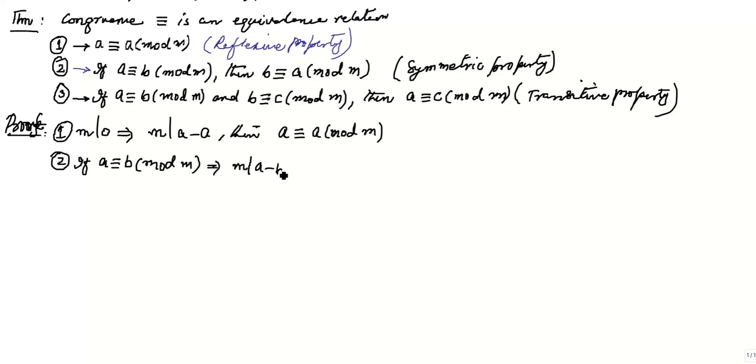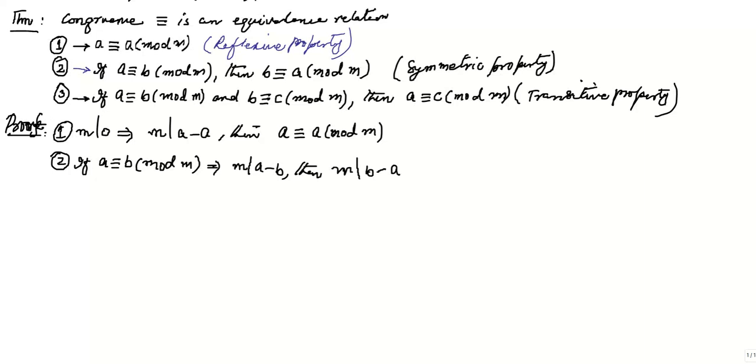So, A minus B is an integer and M divides that integer. So, M will also divide the negative of that integer, then M divides B minus A also.